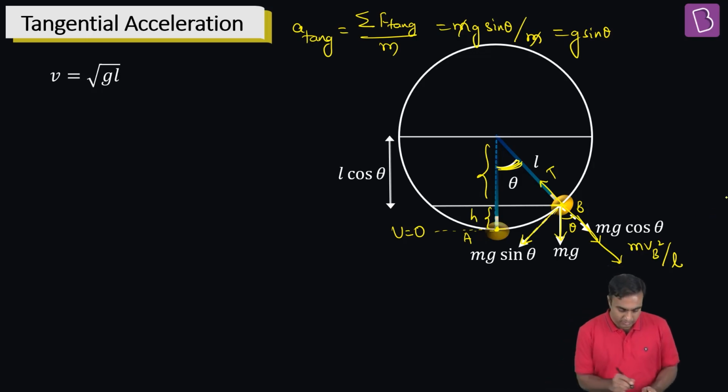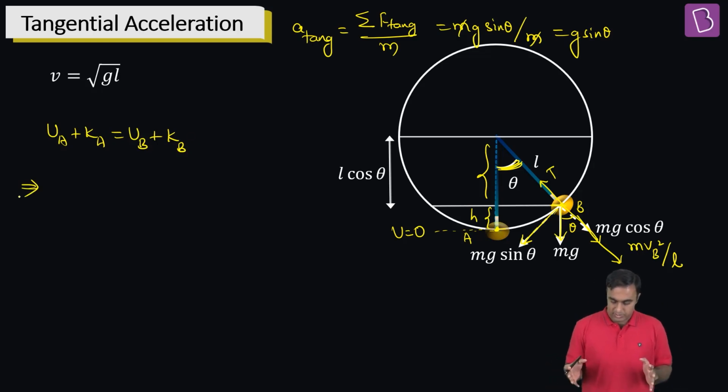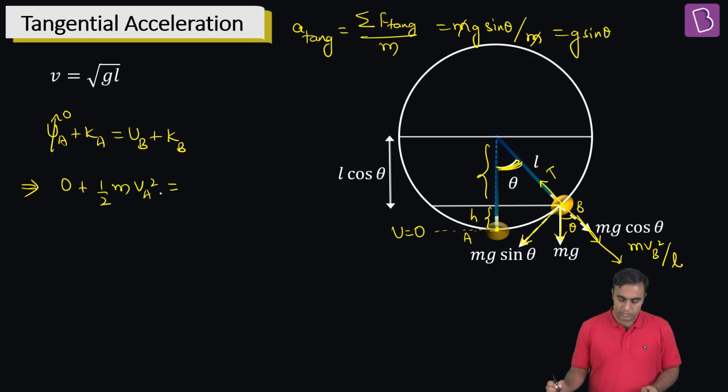Now, apply the principle. UA plus KA equals UB plus KB. What is the potential energy of the system or the bob at position A? It is 0. So, 0 plus half m into VA square, and that's equal to UB, mgh, plus half m VB square.